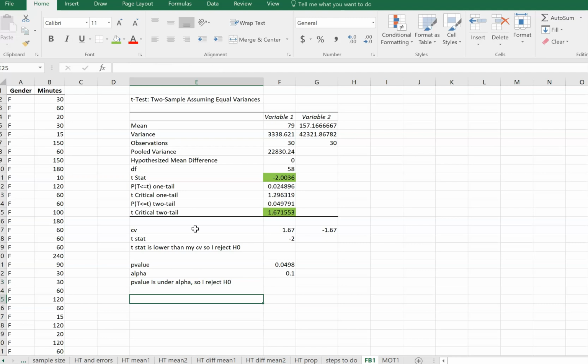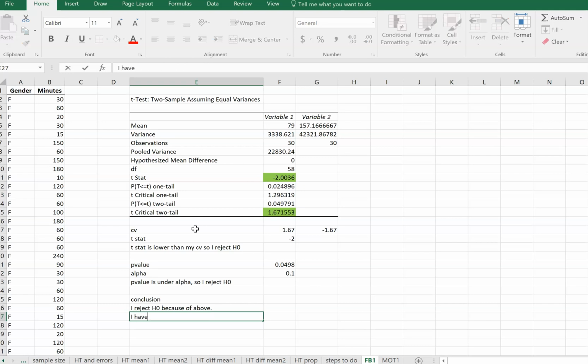So bottom line, what is my conclusion? My conclusion is I reject H0 because of the above work. But what does that mean? Well, if we reject H0, remember my H0 was, I believe, there was no difference.